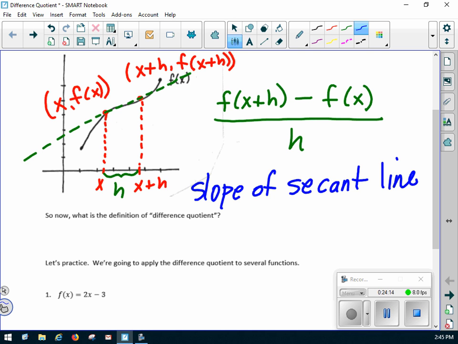You have to know that little formula right there: f of x plus h minus f of x over h. Can you say it? f of x plus h minus f of x over h. Know it.